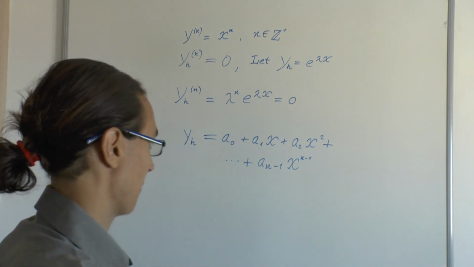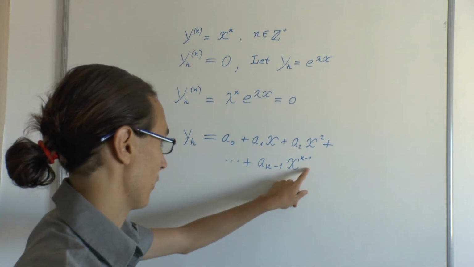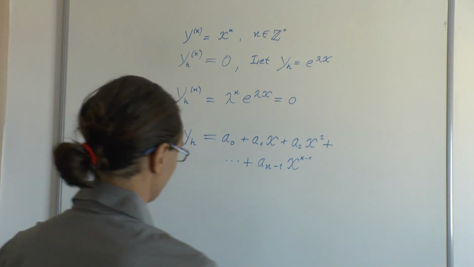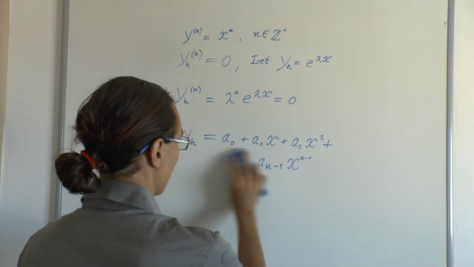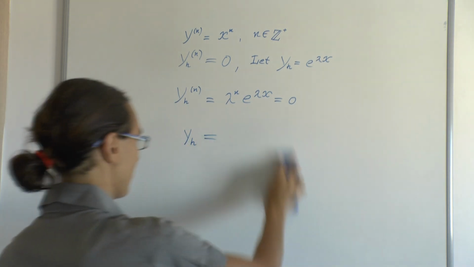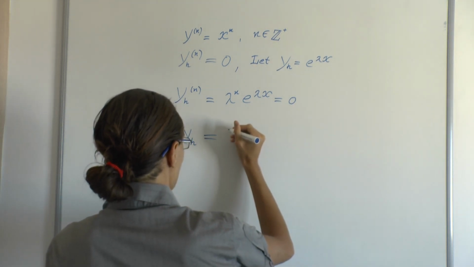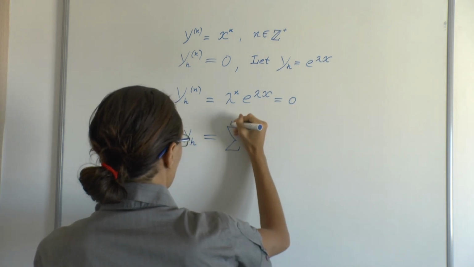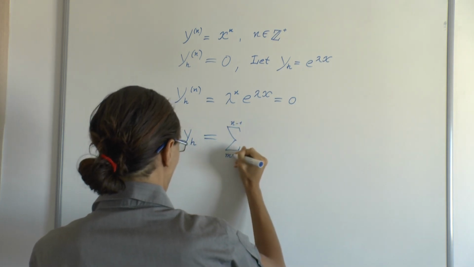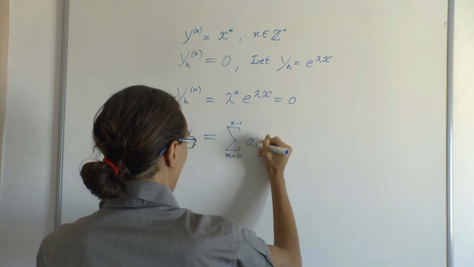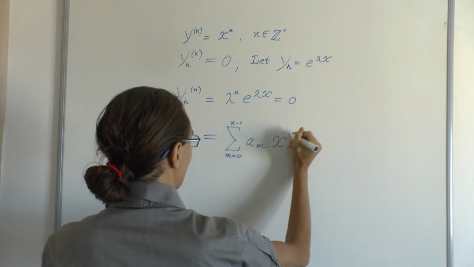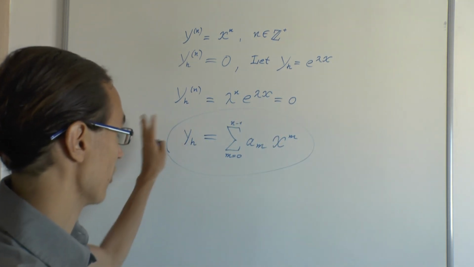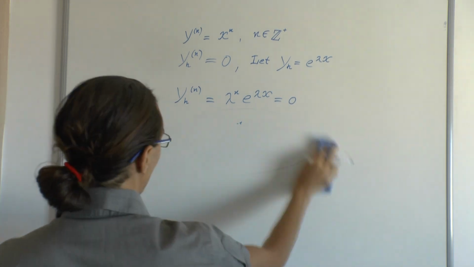So we're stopping at n minus 1, just like in the other example, where we stop at a power that's one less than our multiplicity. We can express this as a series: y_h is equal to the sum from m equals 0 to n minus 1 of a_m x to the m. So that's going to be our homogeneous solution. Cool, nice.